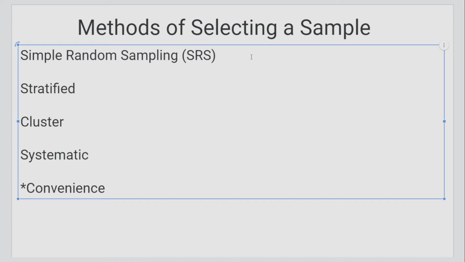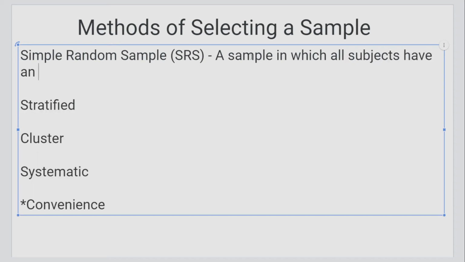So let's start with the first method, a simple random sampling, or simple random sample. This is a sample in which all subjects have an equal chance of being selected.